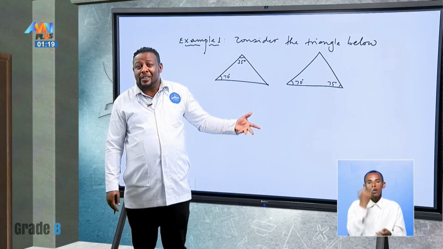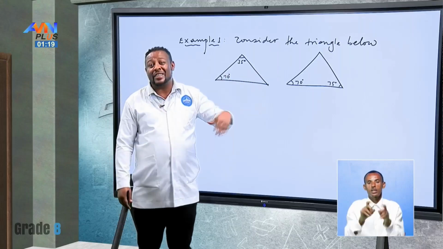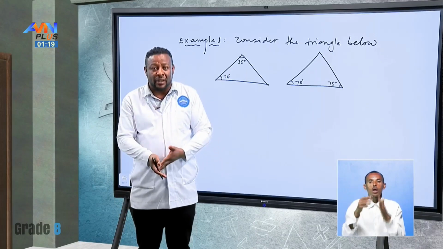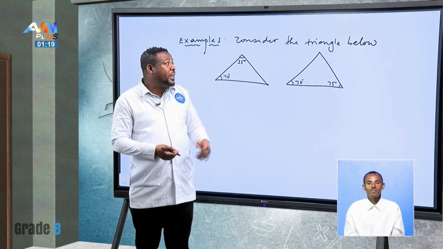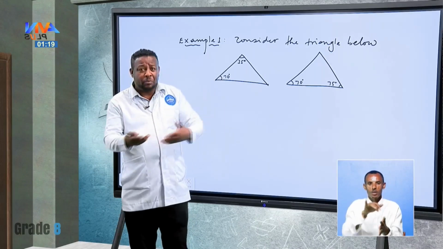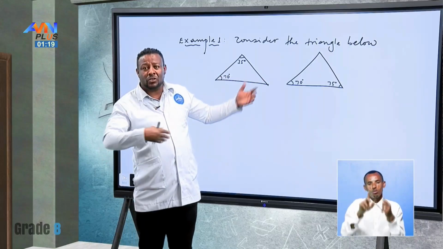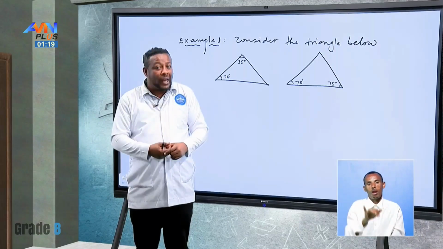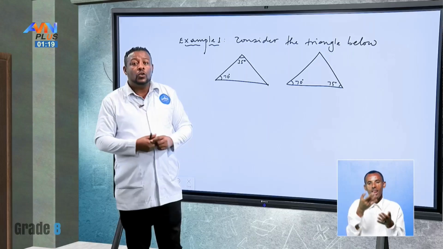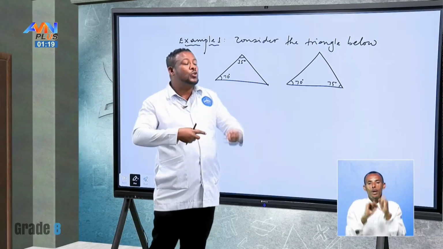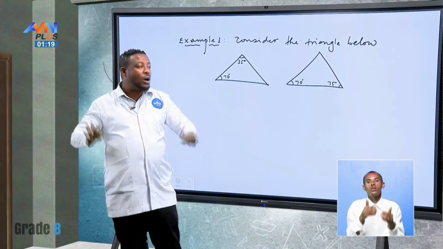If you are asked to check whether these two triangles are similar using the first theorem, what will be your answer? At the beginning, it seems we don't have two corresponding angles which are congruent, so we cannot say these two are similar. You may say that, but you need to check all the angles and compare whether we have two corresponding congruent angles or not.